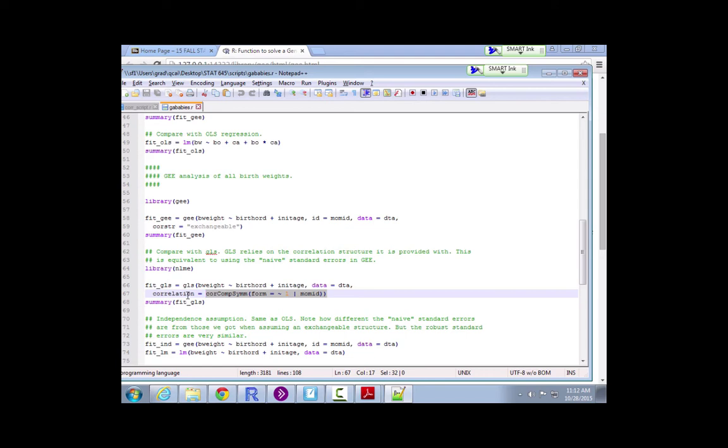GLS has the same needs, but the syntax is a little bit different. Tell me your model, and then tell me where the correlation is and the structure of it in one command. And this is more complicated. I like GEE better, but you can mimic this code and adapt it to your example. This code right here says I want compound symmetric, and that's where the correlation is.